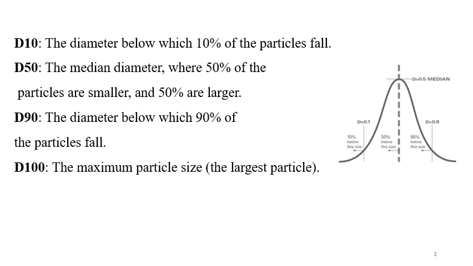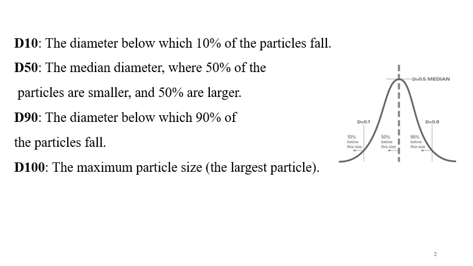The diameter below which 10% of the particles fall is D10, and you can clearly see in this image that D10 means the diameter or the particle size below which 10% of the particles fall.